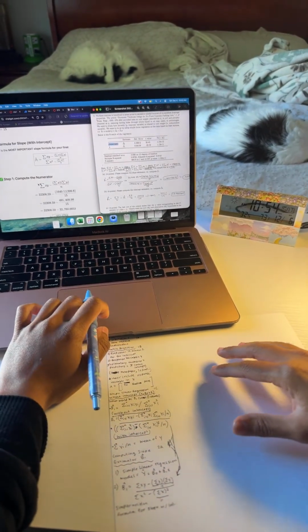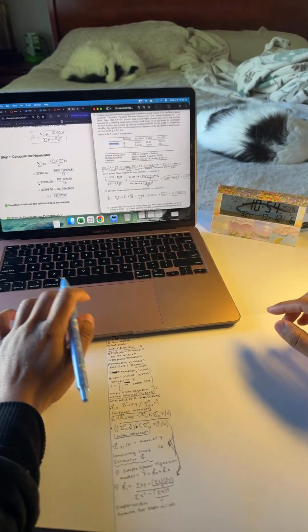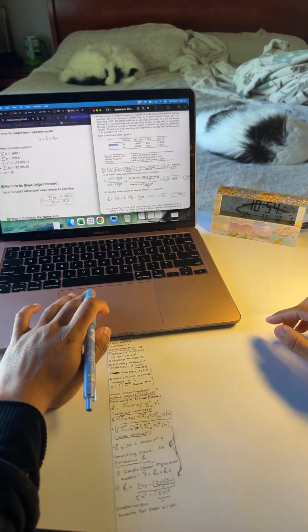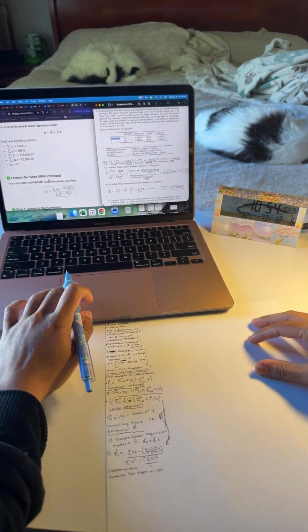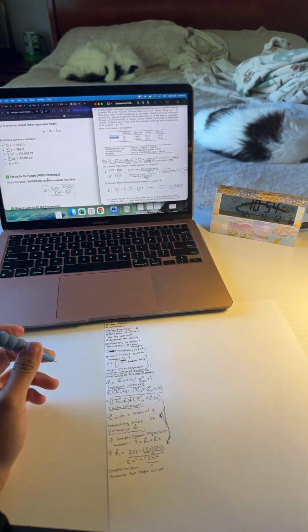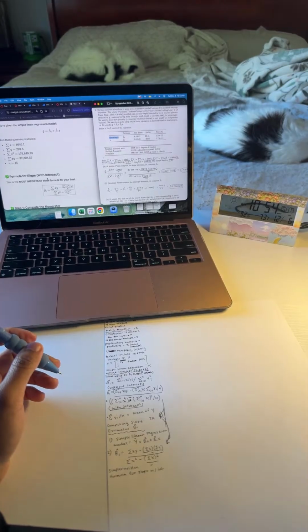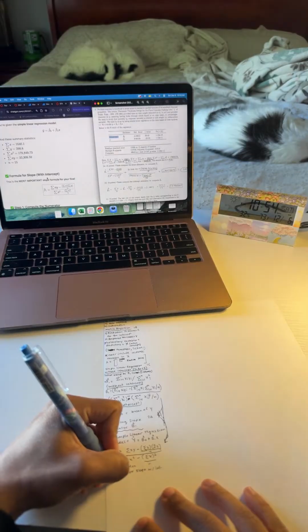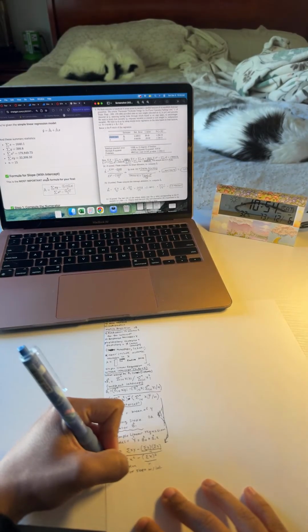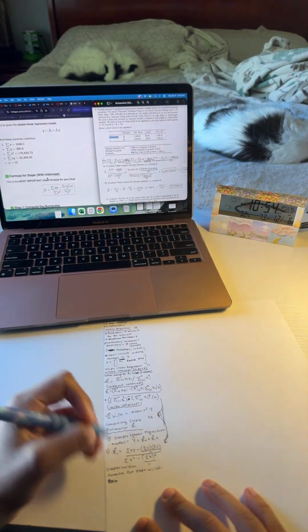Alright, step 1, compute the numerator. I don't know if I should write down these steps or just do it here by myself. Let's see. X equals... I do not want to do this, man.